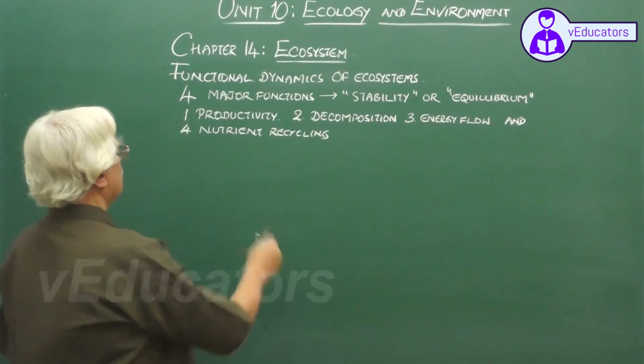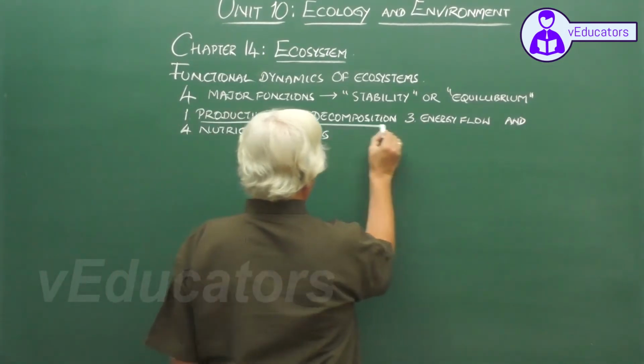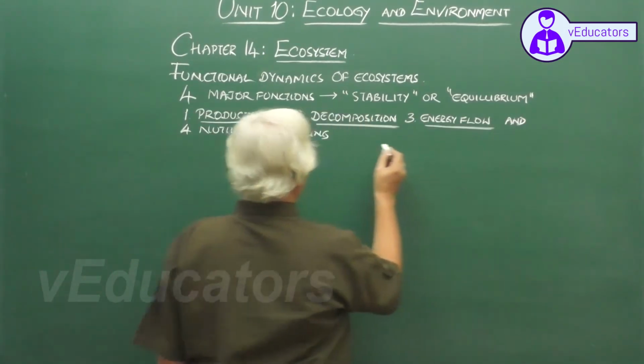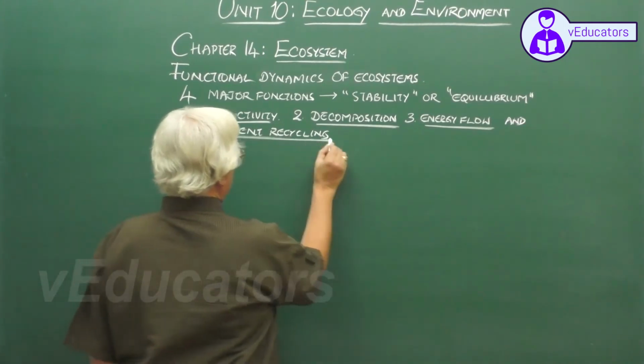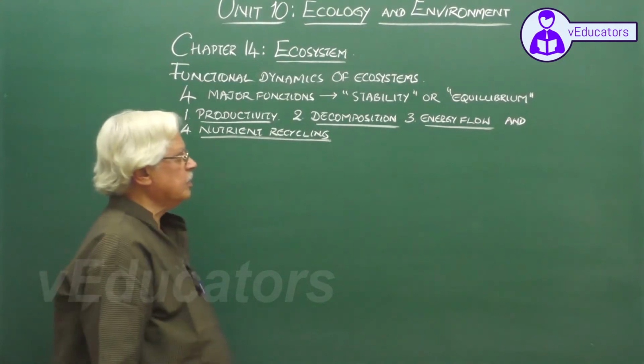So these are the 4 functional aspects in the ecosystems. Let us look into each one of them.